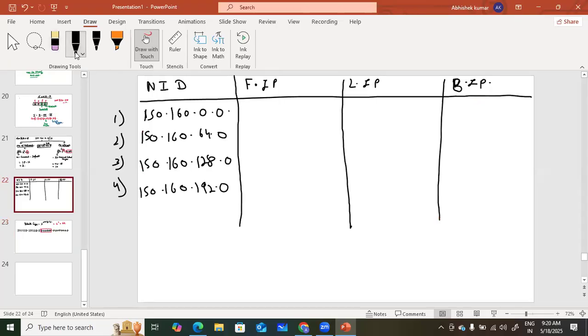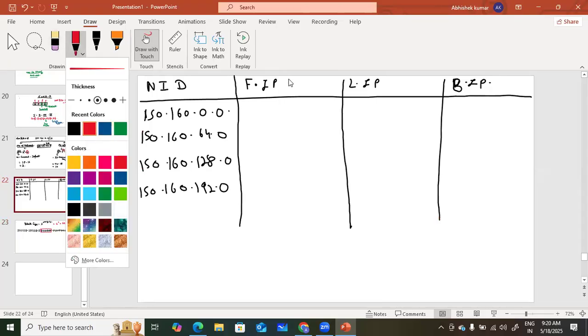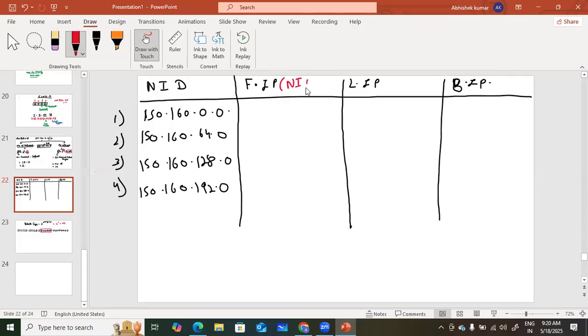As we know, we have to add 1 to the network ID. So it will be 150.160.0.1, 150.160.64.1, 150.160.128.1, 150.160.192.1.